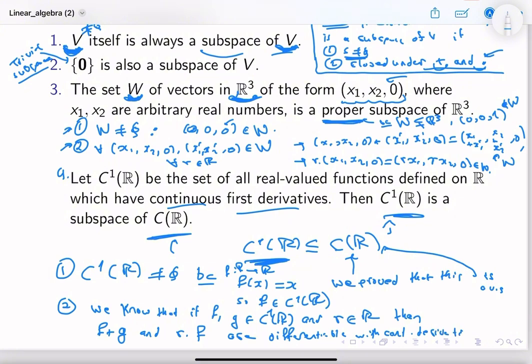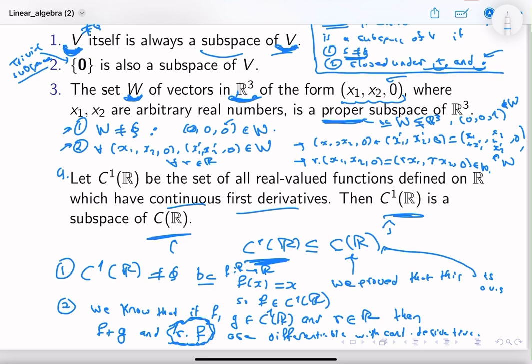In other words, you know from your calculus course that if you add two differentiable functions whose derivative is continuous, you still get a differentiable function whose derivative is continuous. No surprise. And similarly, if you multiply that function by a constant.